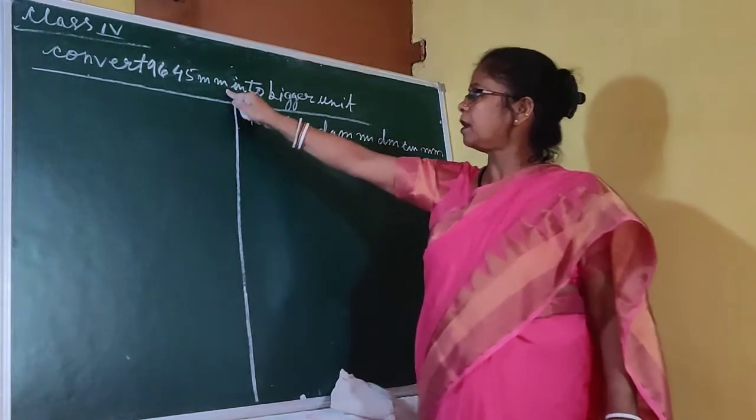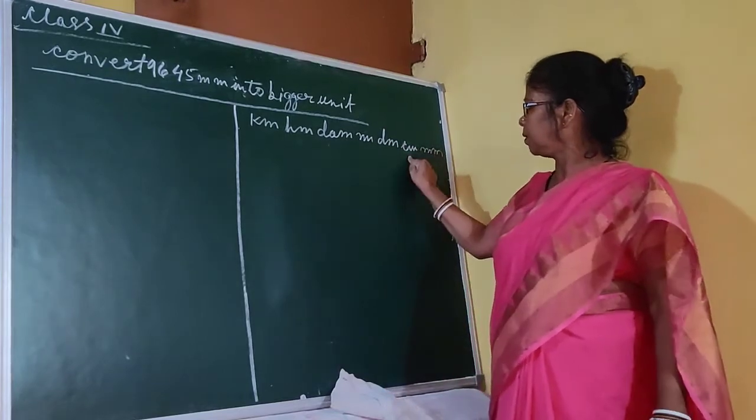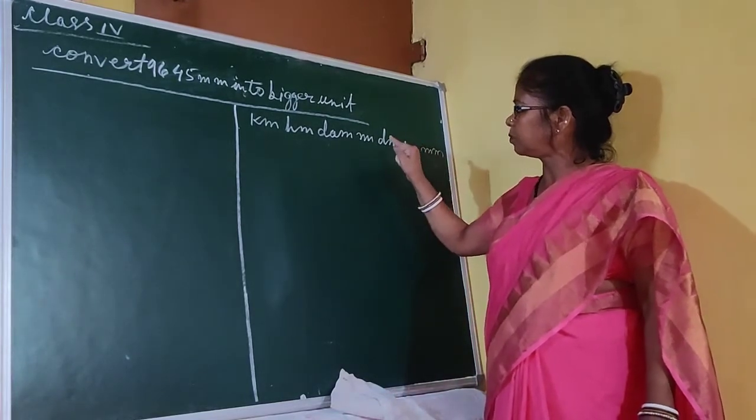Convert 9645 millimeter into a bigger unit. That means convert millimeter to centimeter, centimeter to decimeter, decimeter to meter.